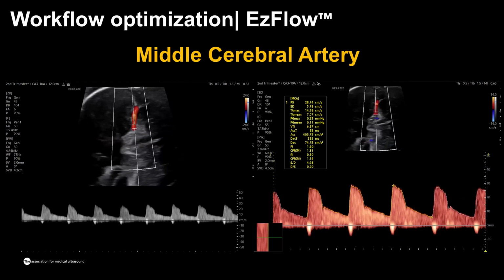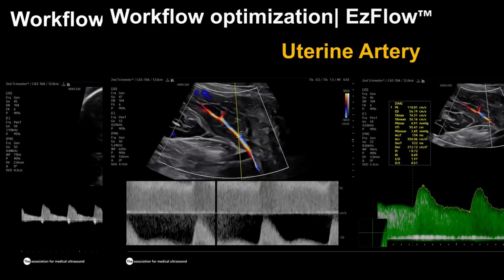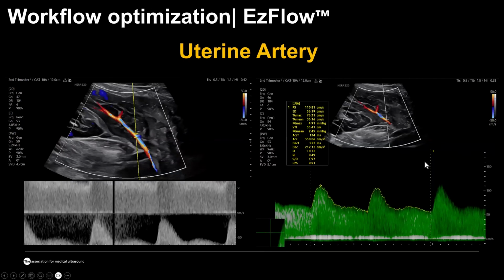We can apply the same to the assessment of the middle cerebral artery, going from this not really optimized spectrum, where you wish to adjust the scale so that you can see each cardiac cycle much better. You want to adjust the sweep speed. All of this can be done utilizing the Easy Flow parameters, and the same for the uterine artery Doppler. Again, if you are not very familiar with how to obtain those flows, this would be a very educational technique.